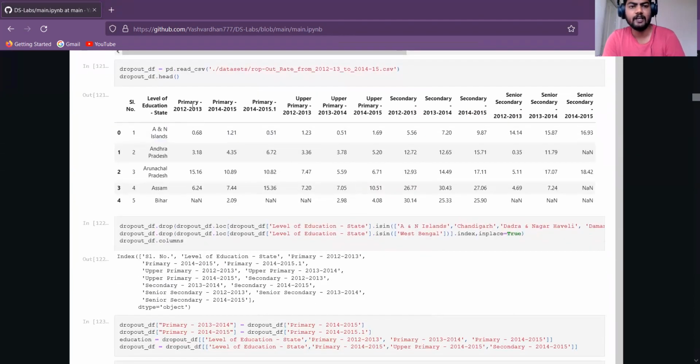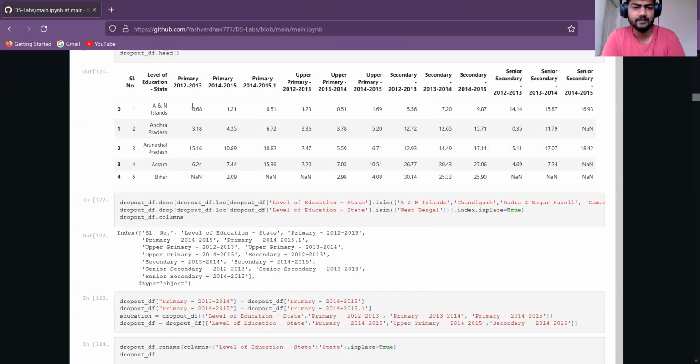Then we calculated the primary sector contribution, upper primary sector contribution, secondary sector contribution, and senior secondary contribution of each state for the years 2011 to 2017. And these are the values, these are basically the values of GDP and GDP percentage.